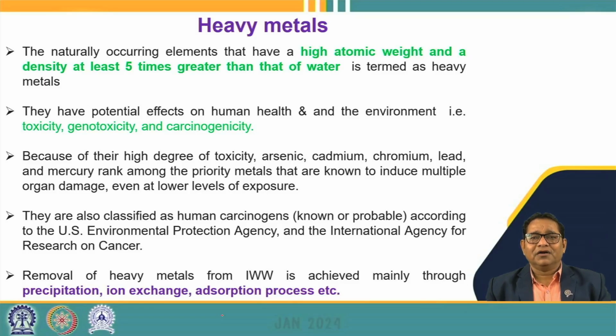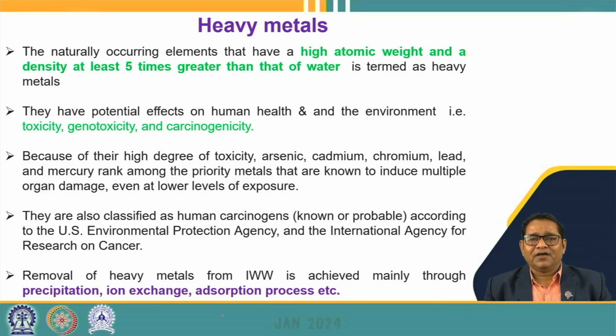Because of their high degree of toxicity, we measure heavy metals like arsenic, cadmium, chromium, lead, and mercury. They rank among the priority metals that are known to induce multiple organ damage even at low levels of exposure.